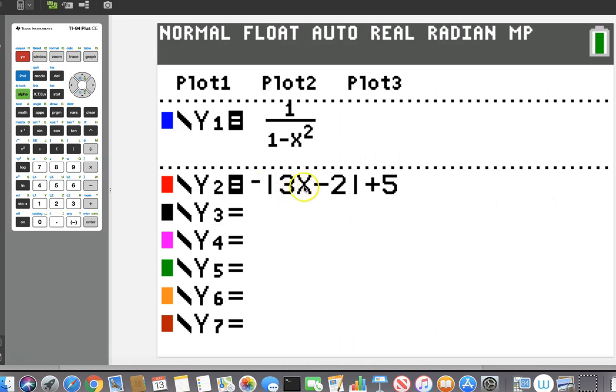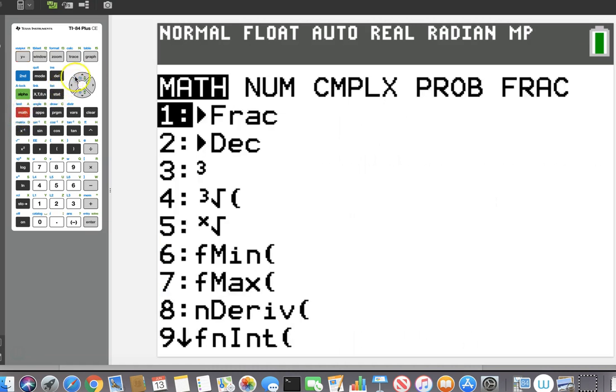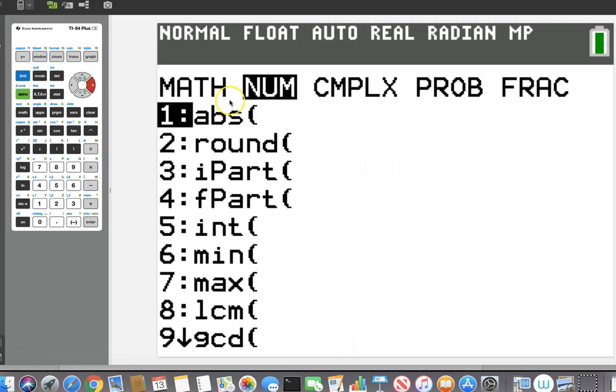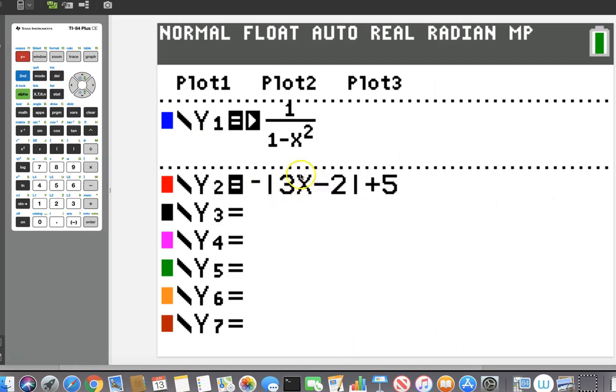The absolute value command can be found if you go to the math button, arrow over to number, and then ABS parentheses. That's your absolute value function.